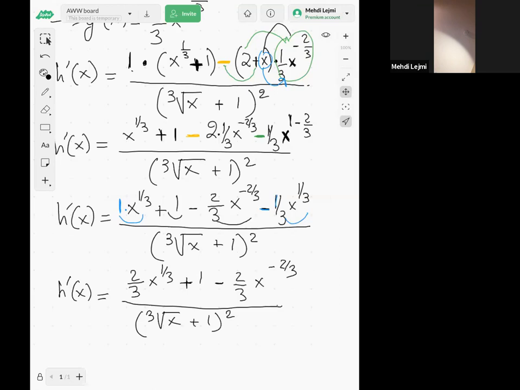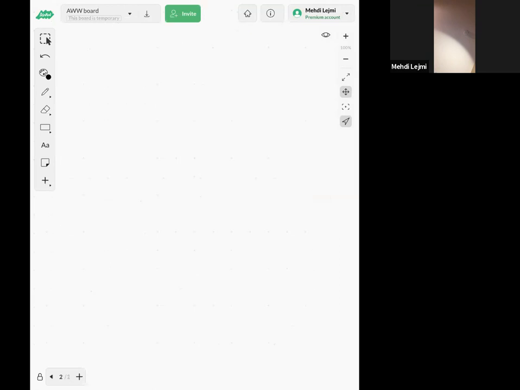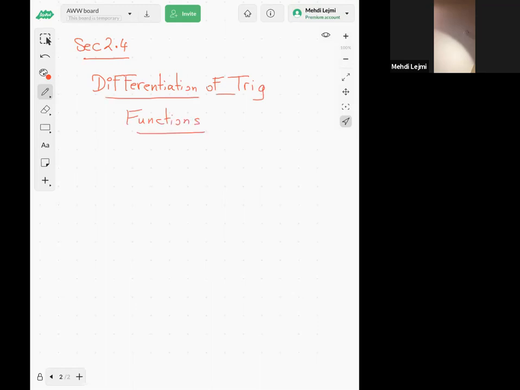So now we can move to the next section, section 2.4, differentiation of trig functions. We're going to compute the derivative of sine of x, cosine of x, etc.